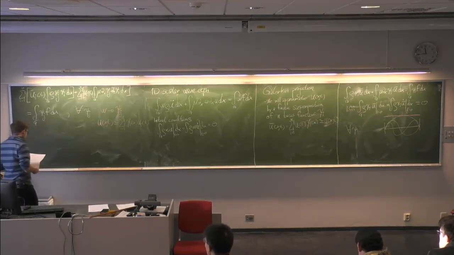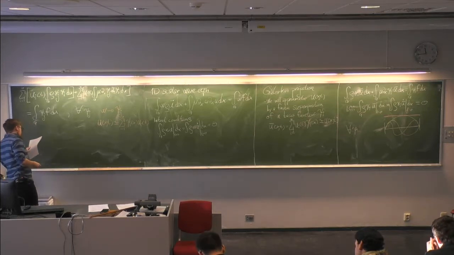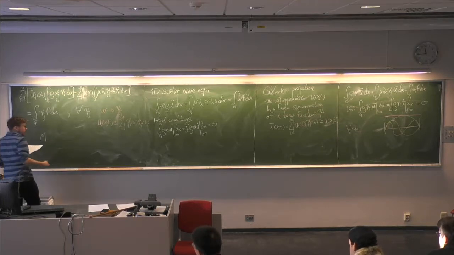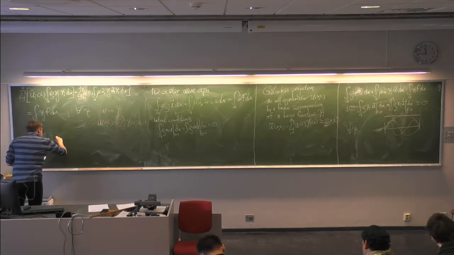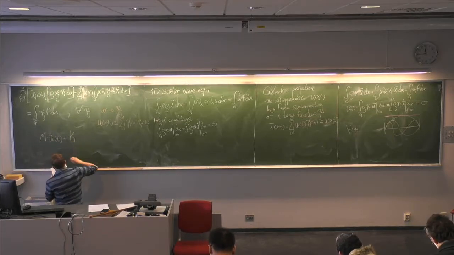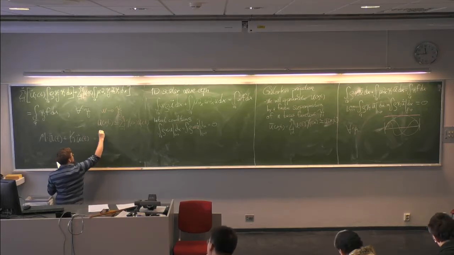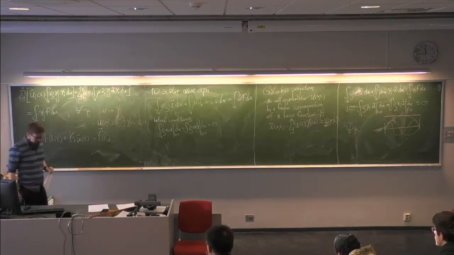Okay. We can now write this as a matrix equation, a so-called algebraic differential equation. So we have M times u double dot of t plus K u of t equals f, the f vector, like so.